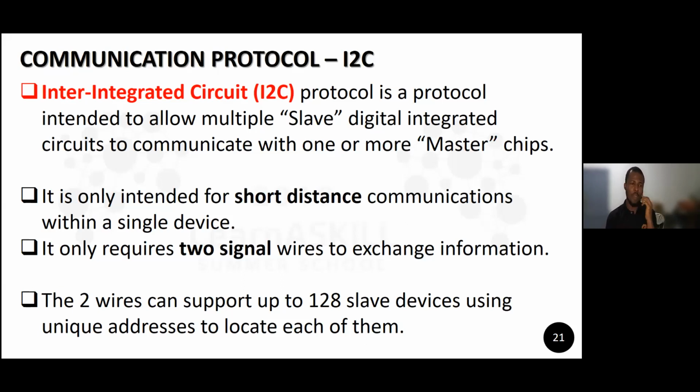Now the I2C for Arduino is a 7-bit address system. So that means 2 raised to the power 7, that should give you 128. So for I2C, it makes it possible to communicate with as many as 128 devices.